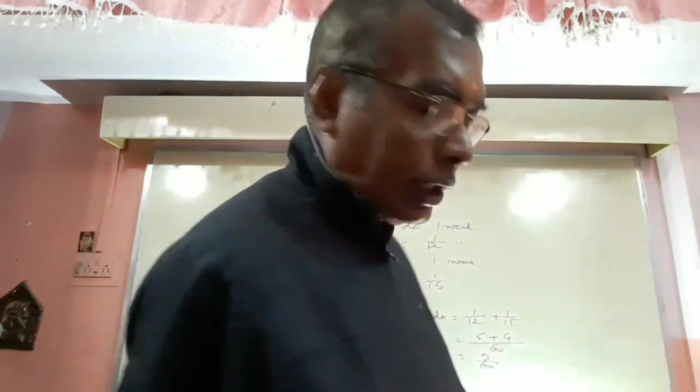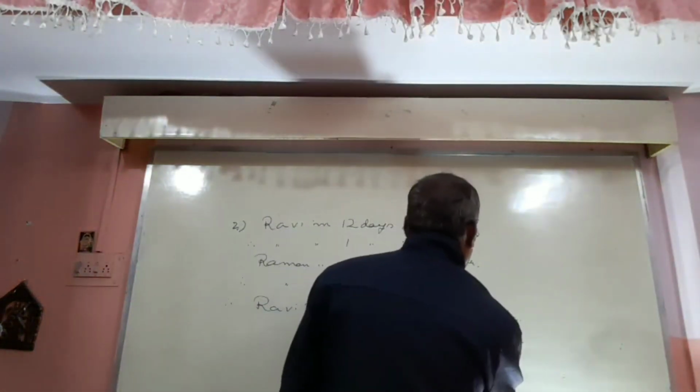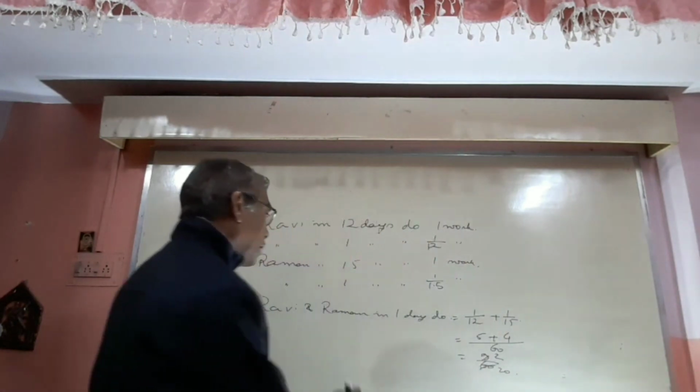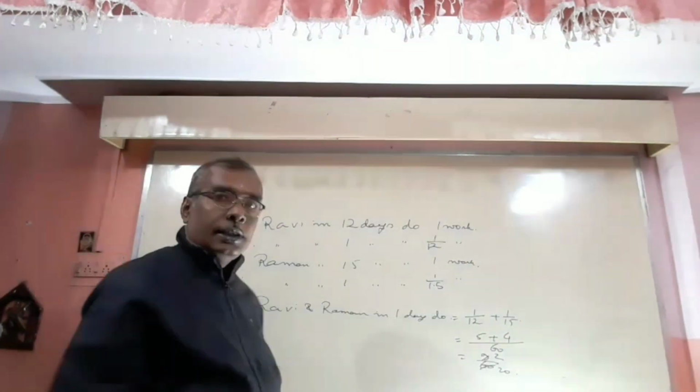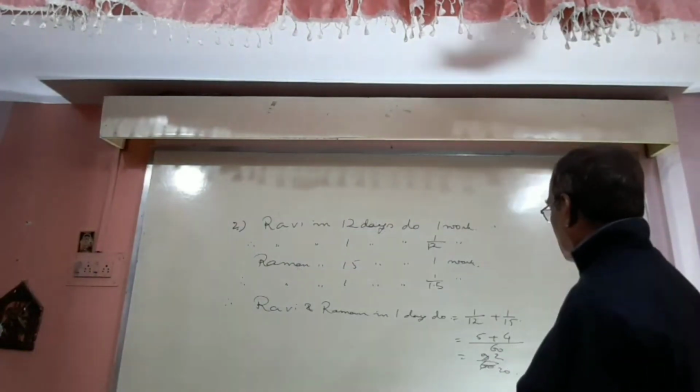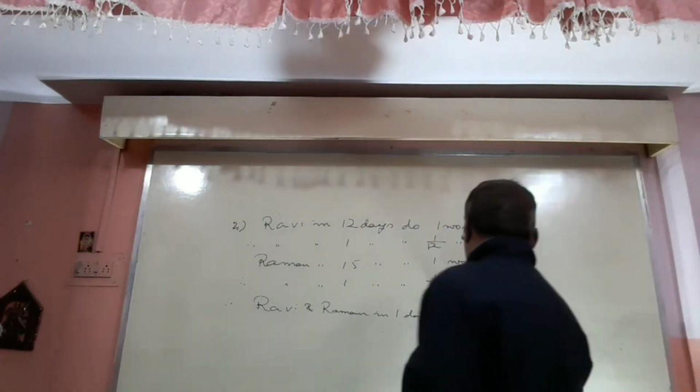If we cut, it will come as 3 by 20, since 3 nines are 9 and 3 twenties are 60.